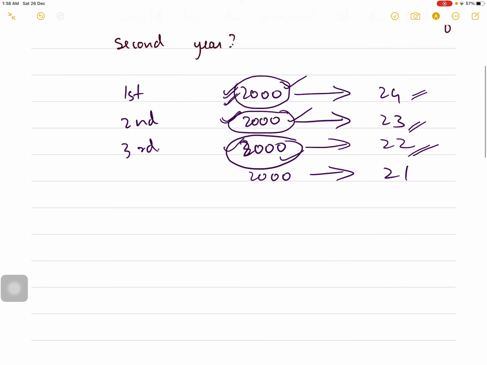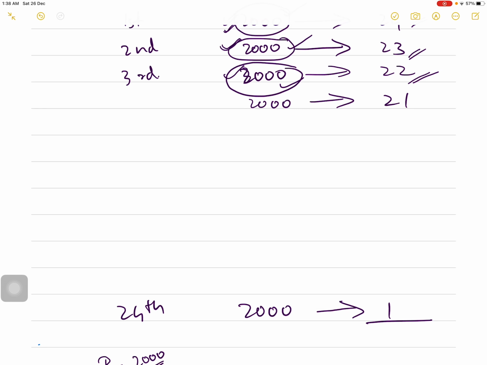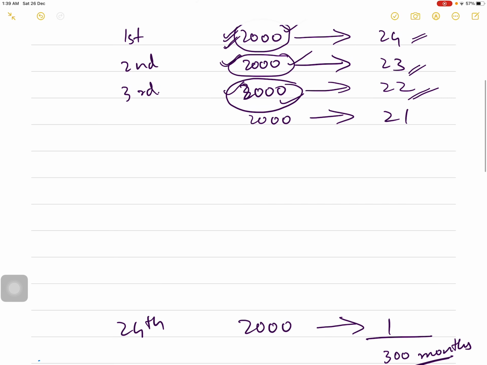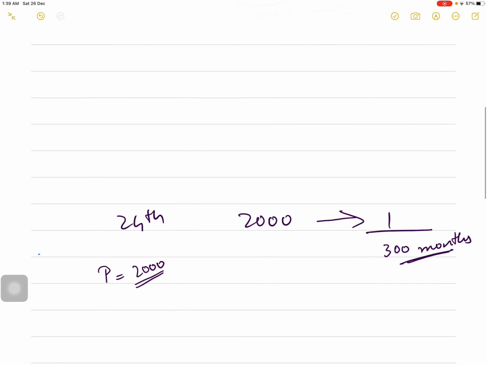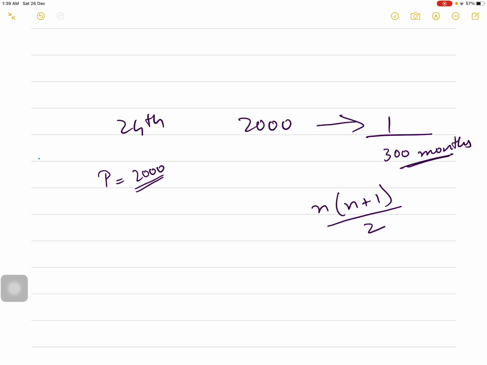When you total this, 24 plus 23 plus 22 plus 21 plus 20 plus 19 plus 18 till 1, when you calculate on your calculator, it comes to 300 months. To calculate the number of months, there is a formula, which is n into n plus 1 divided by 2. When you have to add 1 plus 2 plus 3 plus 4 and so on till n, the formula is n into n plus 1 divided by 2.